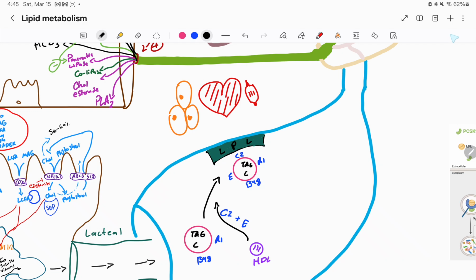But how does this enzyme become activated? I'll tell you how. This lipoprotein lipase becomes activated by ApoC2 right here.